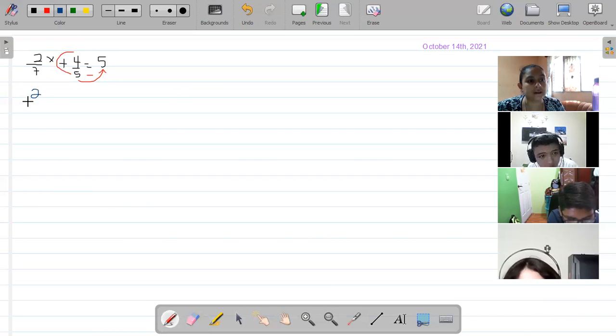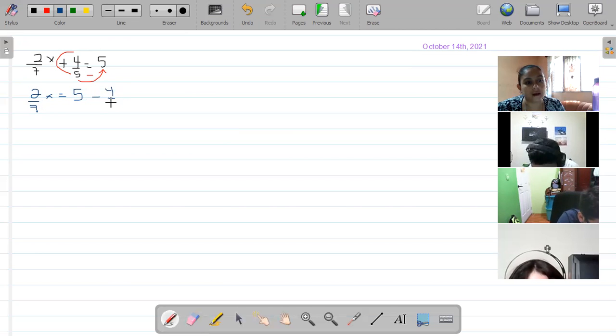So we're going to have left the 2 over 7x. And this is going to be equal to 5 minus 4 over 5. So now we got a whole number that's being subtracted by a fraction. Can I do that just like that? Or what should I do?